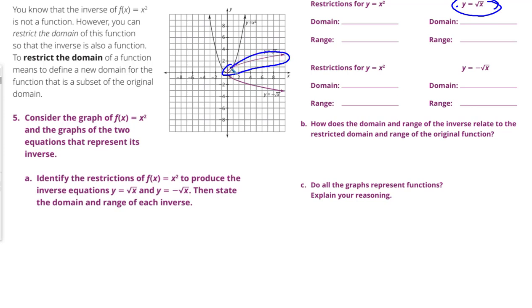So that's this part right here. Our range is from 0 to infinity, and our domain is from 0 to positive infinity. And we talked about that when we do the restricted domain and range, they are going to switch places. And it really didn't change anything on this one.